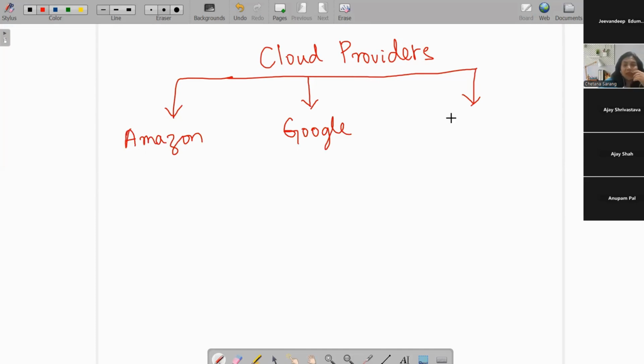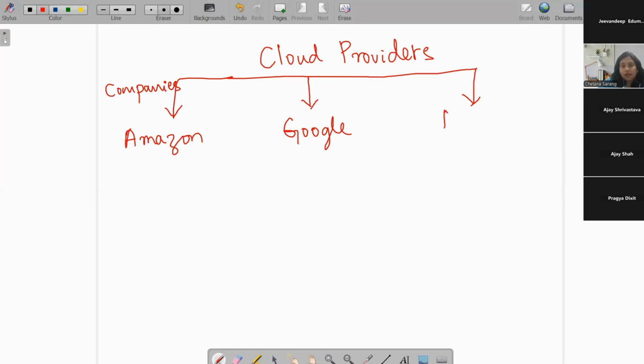Which is the other company? These are names of the companies. The cloud services have different names. No, OnePlus is the name of a mobile phone manufacturing company, and it has its own cloud that they have developed. I'm talking about the three major players of cloud for big applications covering the entire world. Microsoft.